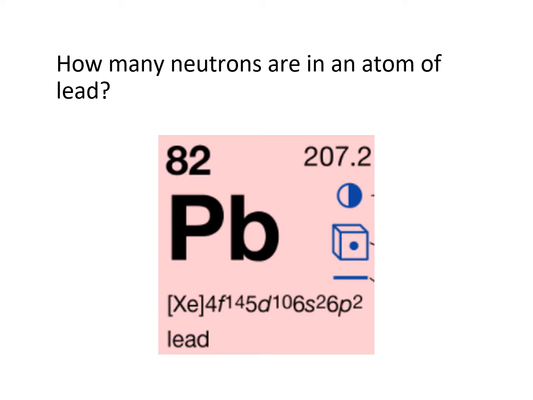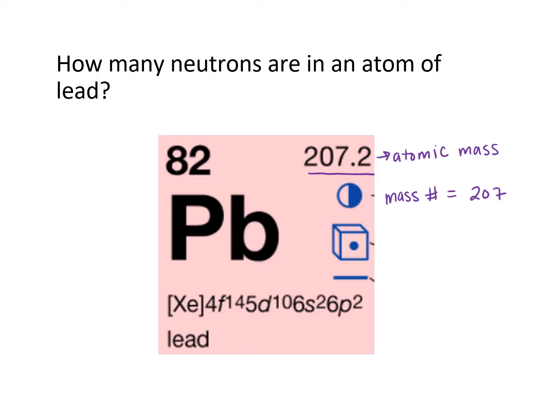Our next question is, how many neutrons are in an atom of lead? So in order to answer this question, we need to first take this atomic mass. Remember, the atomic mass is going to be the one with the decimal, and we need to round it to the nearest whole number. So the mass number for lead is going to be 207, because when we round 207.2 to the nearest whole number, we get 207.